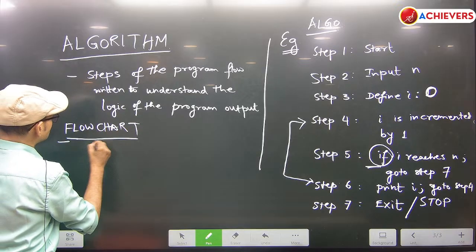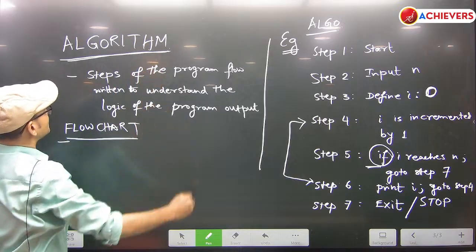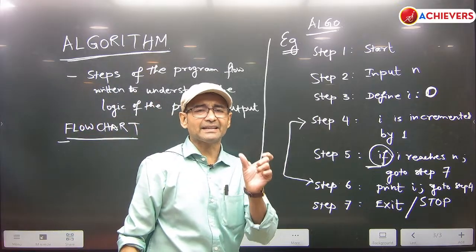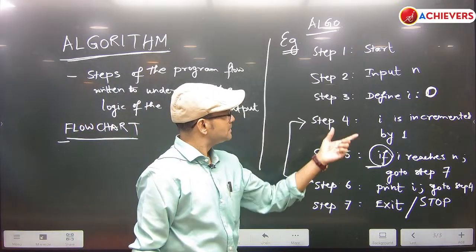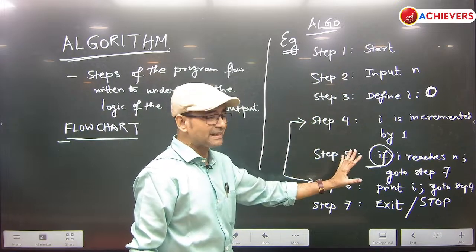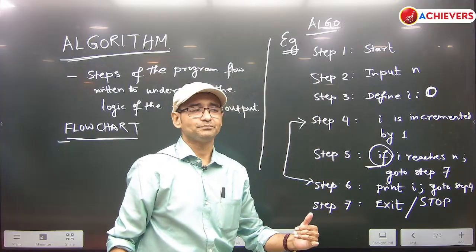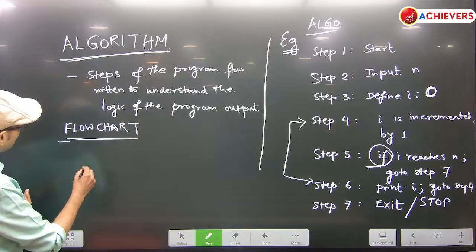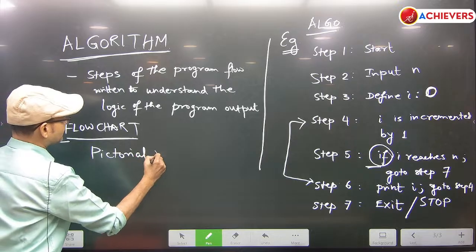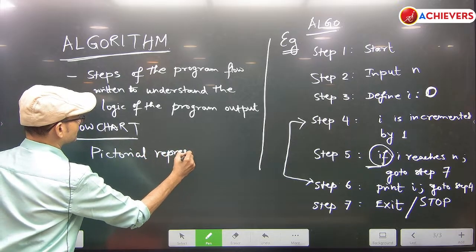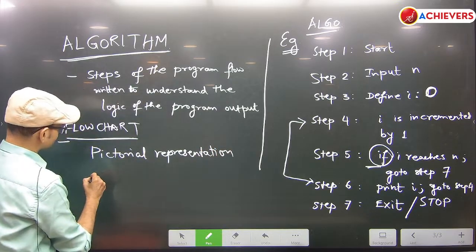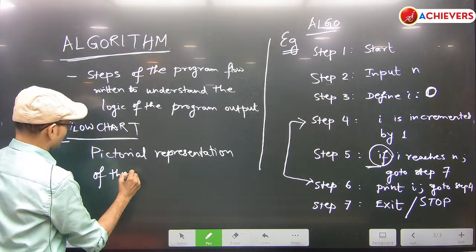Algorithm is the step by step English like form representing the whole program. And flowchart is nothing but the pictorial representation of the whole program.